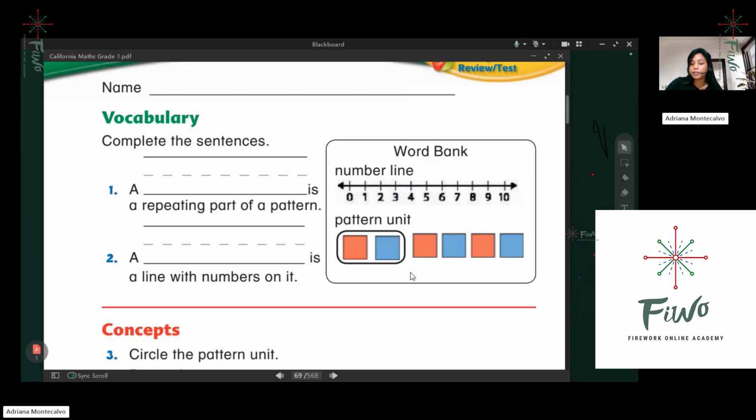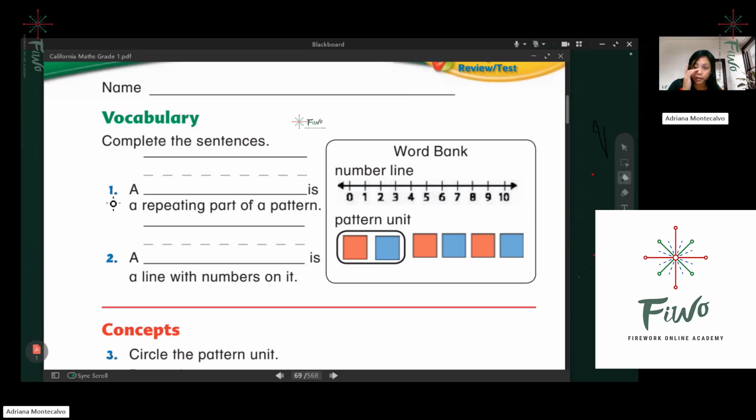This one. Can you please read number 1? You choose your answer with this word, Kong. Number line or pattern unit. Okay, so read number 1 first.